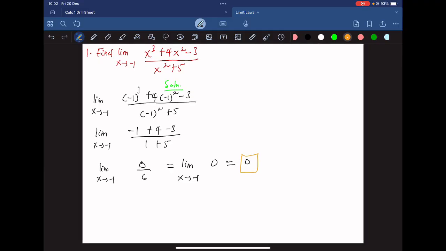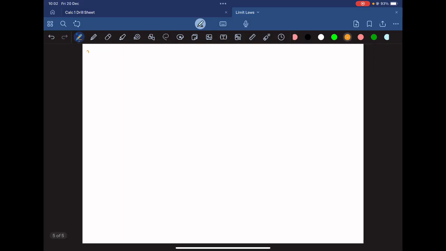Let's move on to a different question. So evaluate the limit as x approaches 1 of (x squared plus x minus 2) out of (x squared minus x).